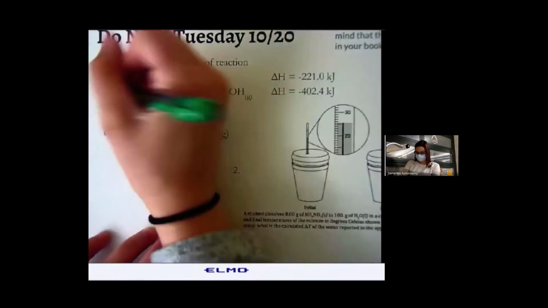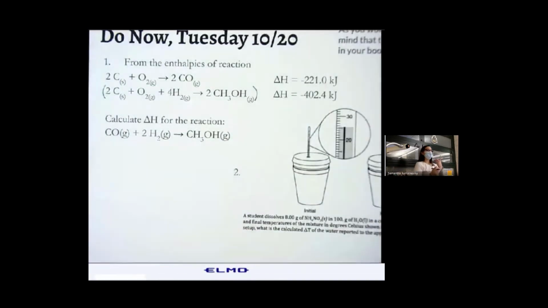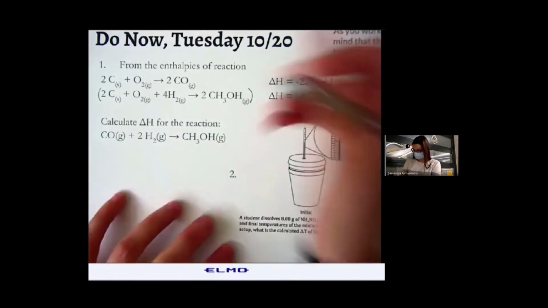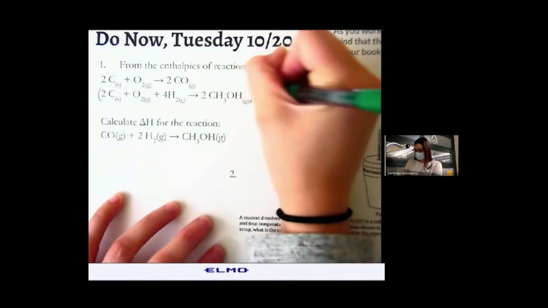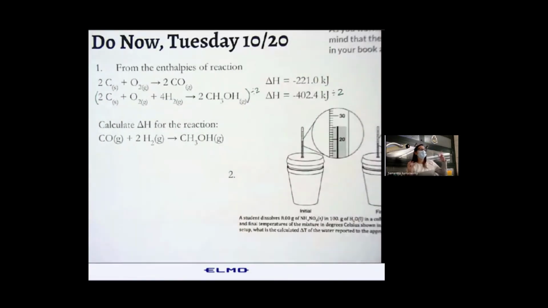And so what would I need to do to this equation to only get 1 mole of CH3OH? Divide by 2. Whether you say that you divide by 2 or you multiply by 1/2, either one works.